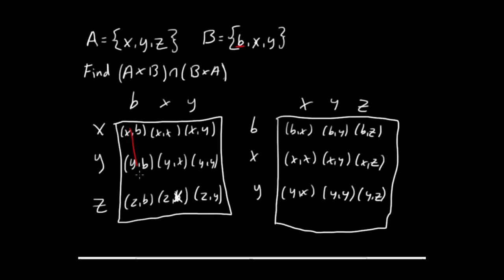So you can go ahead and eliminate anything involving that element. We can also see that Z is not an element of B, so we can't end up with an ordered pair that is the same for A times B and B times A when B has no element Z. So you can go through and eliminate anything involving Z.